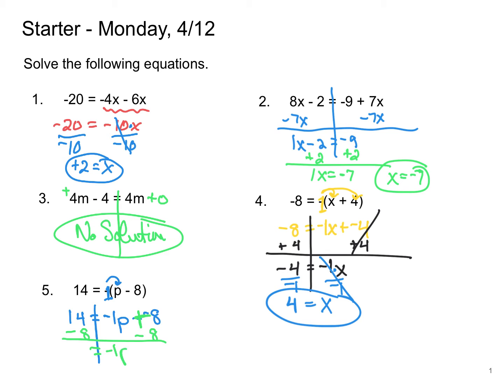We get negative 1p. 14 minus 8: put it in your calculator exactly how it looks. 14 minus 8 is 6. And again, we still have negative 1 multiplied by p, so we're going to divide by negative 1. So then we have p equals negative 6.